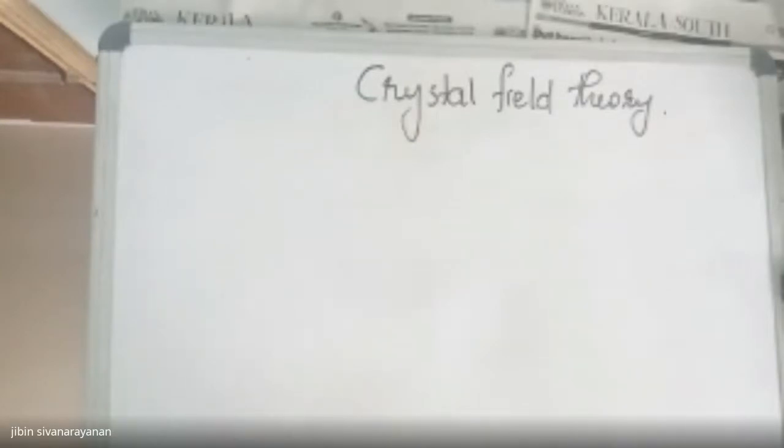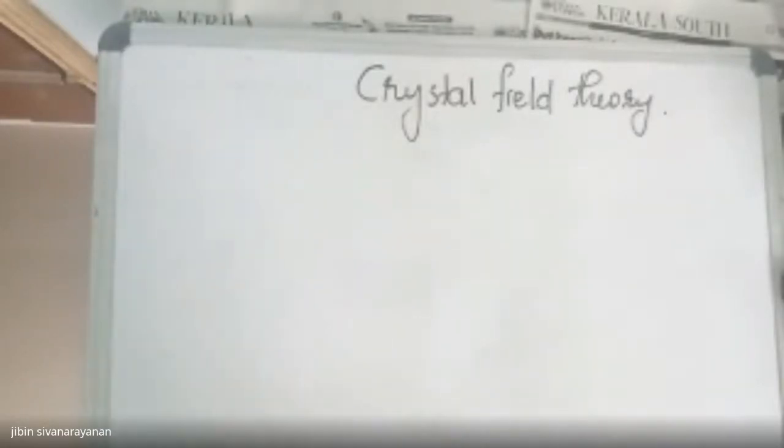This theory explains why six coordinated ligands form octahedral geometry, why four coordinated ligands form tetrahedral, and why some of them form square planar. What is the difference between tetrahedral and square planar geometry?